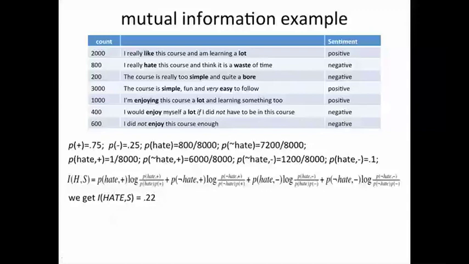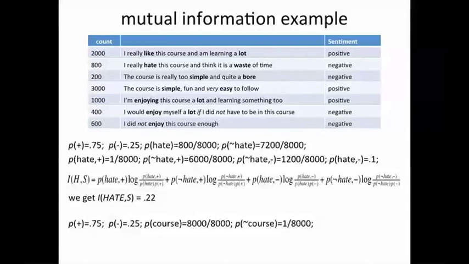Let's check another word, the word coarse. It occurs in all the comments, so the probability of coarse is just 1. And the probability of not coarse is actually 0, but we smooth it by making it 1 over 8,000.